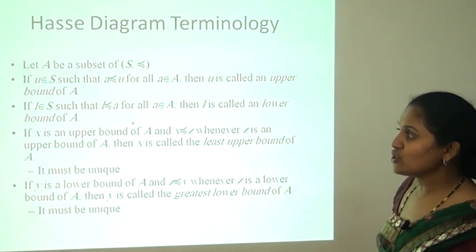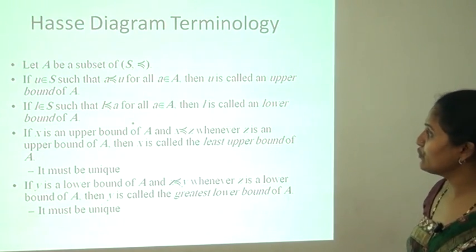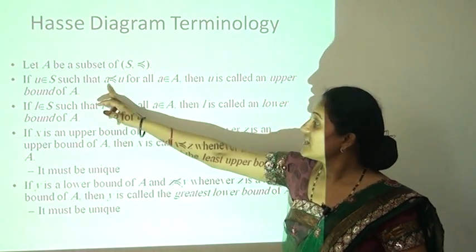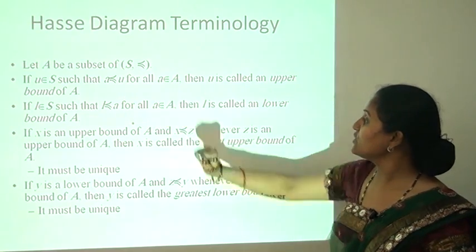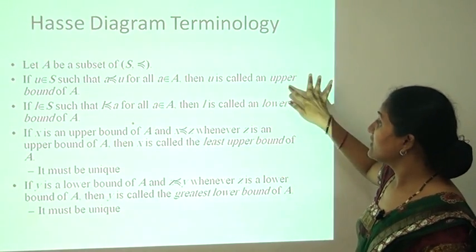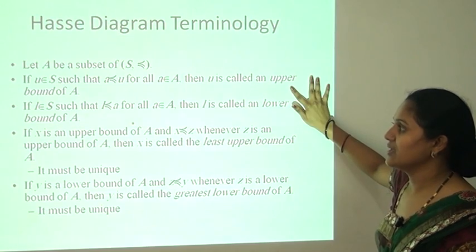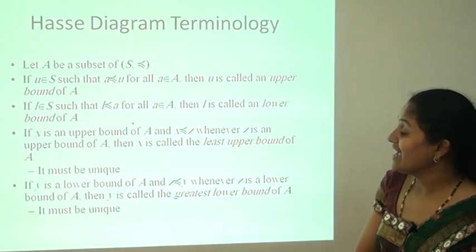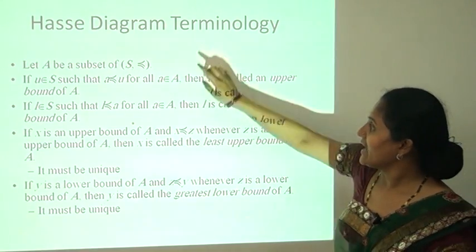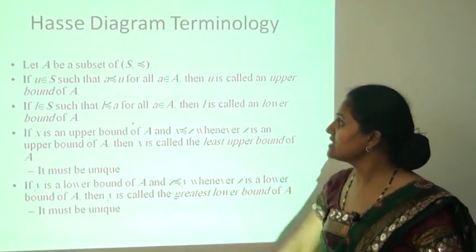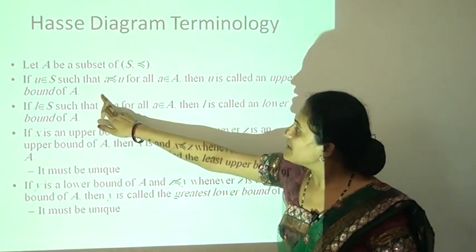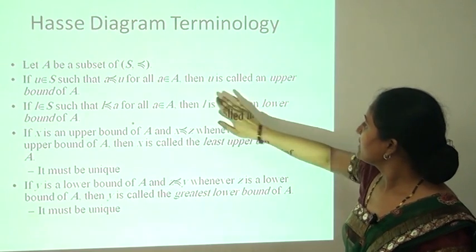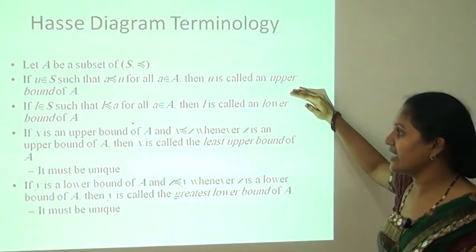If U belongs to S such that a is less than or equal to U for all a belonging to A, then U is called an upper bound of A. Means S is a set, U is also a subset, and a is an element of A, then U is called an upper bound of A.